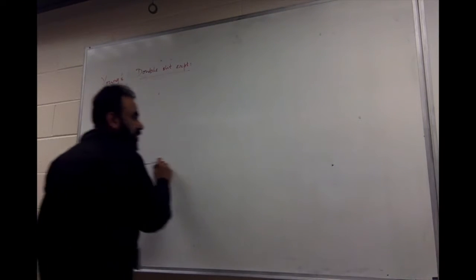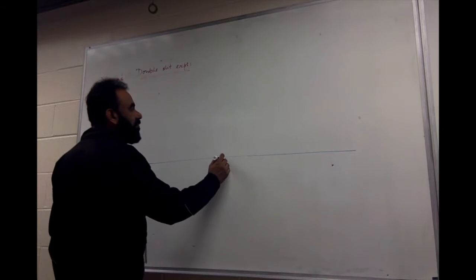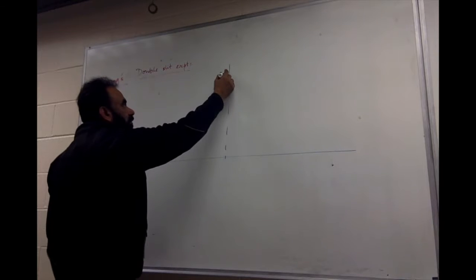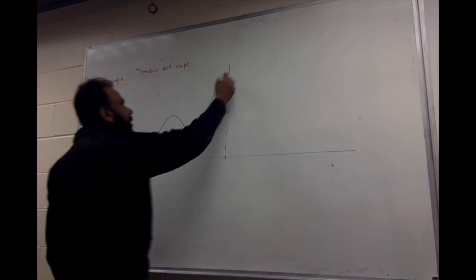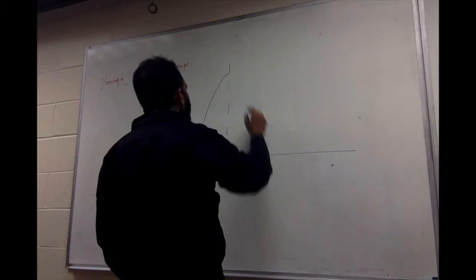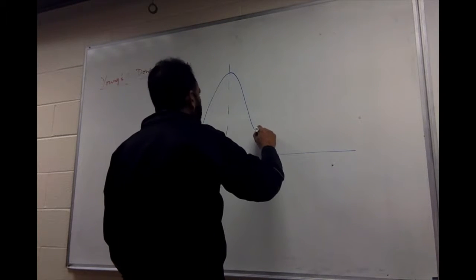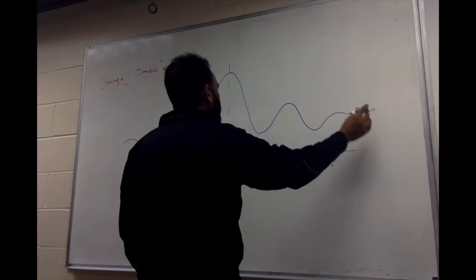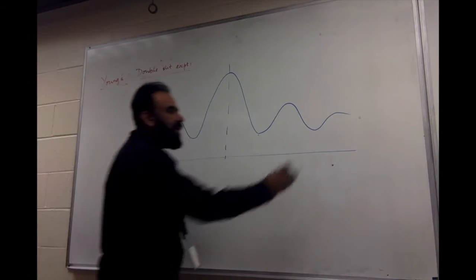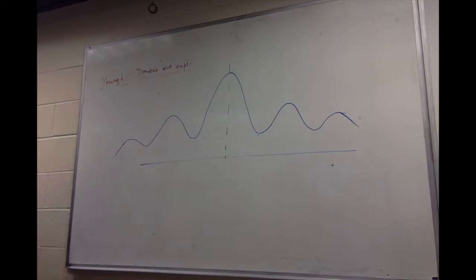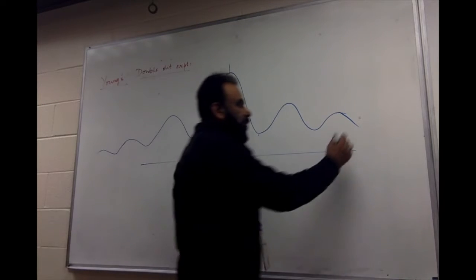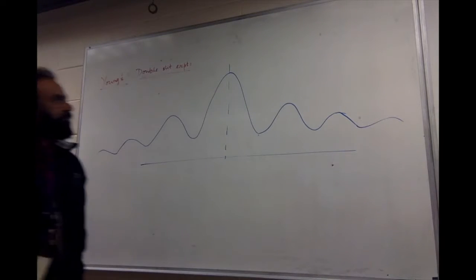This is your intensity graph, sort of. This is the center. You're going to have intensity variations like this, and it goes on.